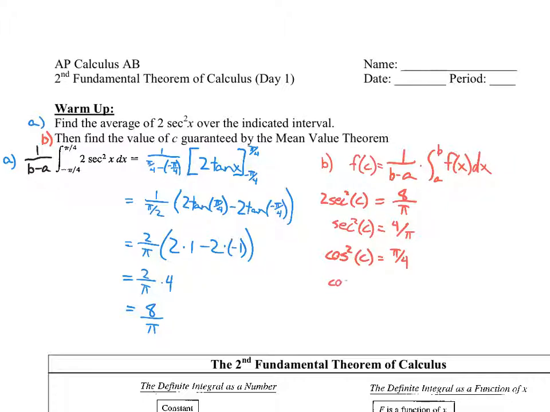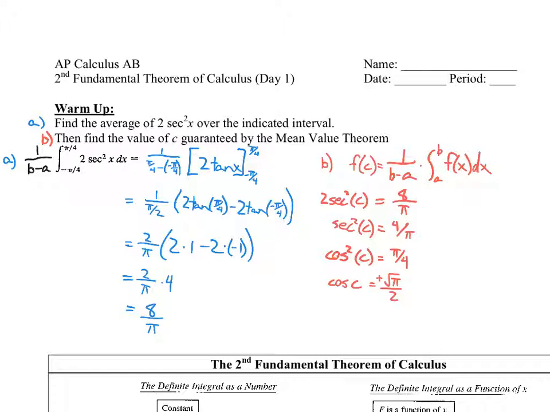So cosine of c is the square root of pi over 2, and that's plus or minus. However, think about the interval. The interval we're dealing with is from negative pi over 4 to pi over 4. And this is cosine.